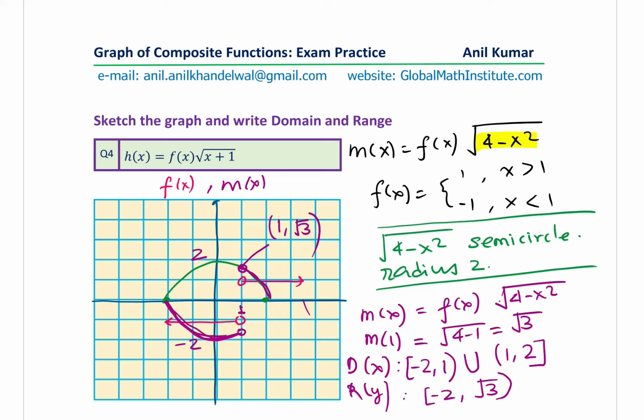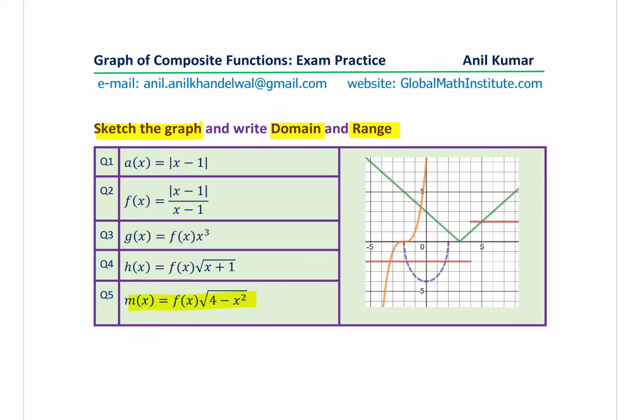So I hope with this, the concept of composite functions, especially working with absolute function, is very clear, right? So the idea here is that whenever you're working with a composite function, the domain is the combination or the intersection of the two given functions. So a short note could be something like this.